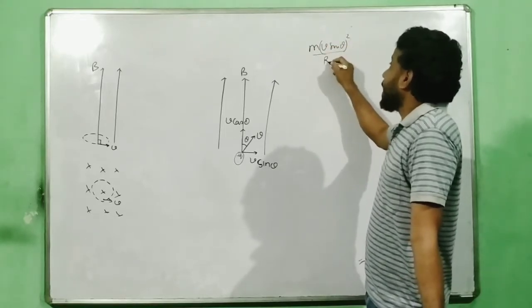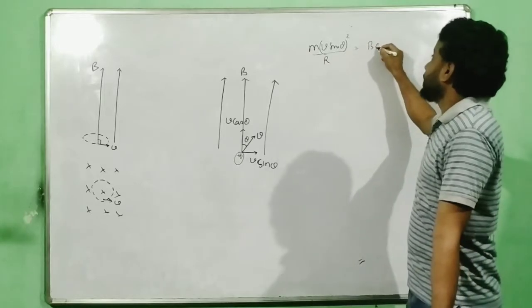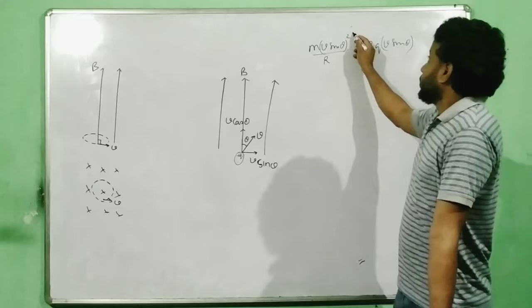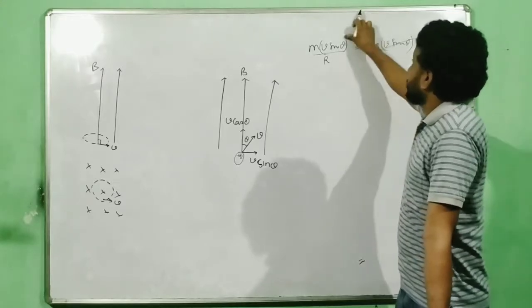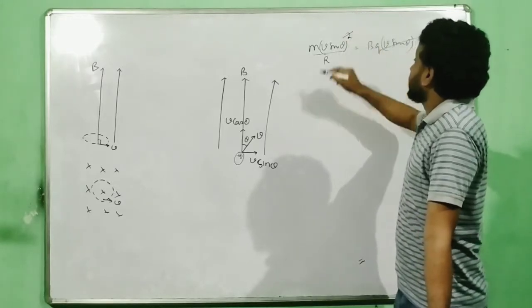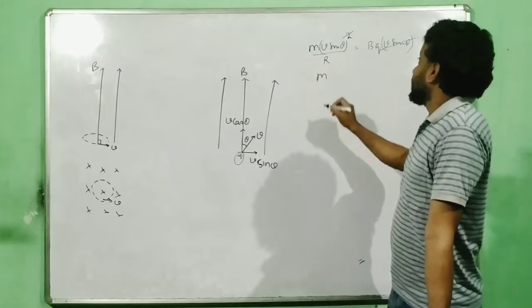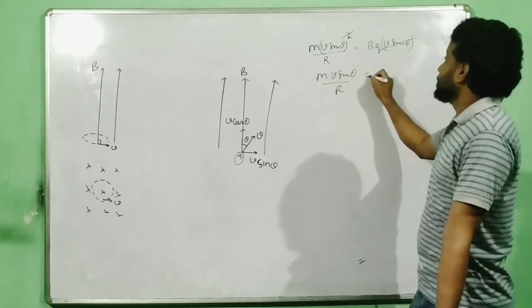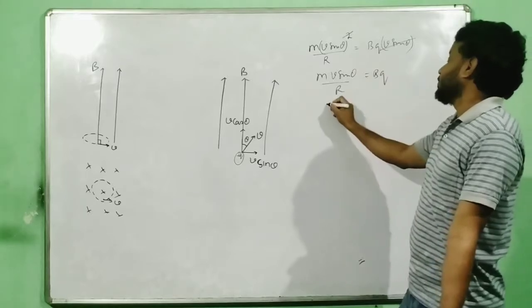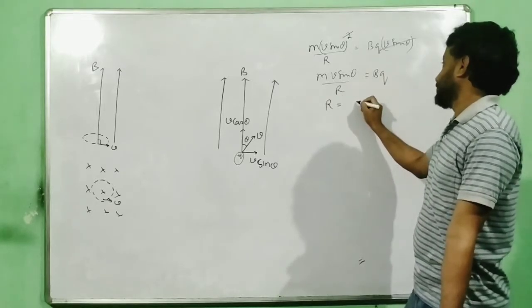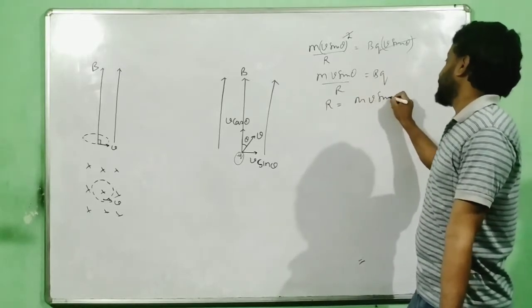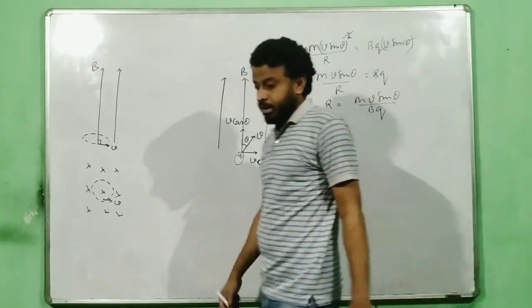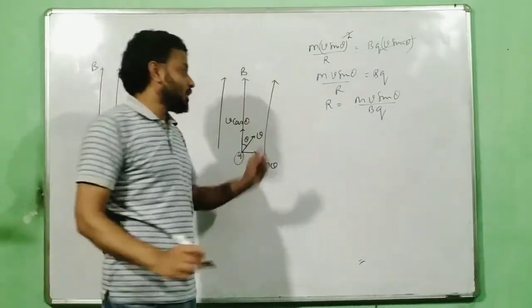mv square by r is equal to BQV sin theta. One of the V sin theta will get cancelled out. The remaining is mv sin theta divided by r is equal to BQ. So you will get the value of r as mv sin theta divided by BQ. How much time will it take for one rotation?